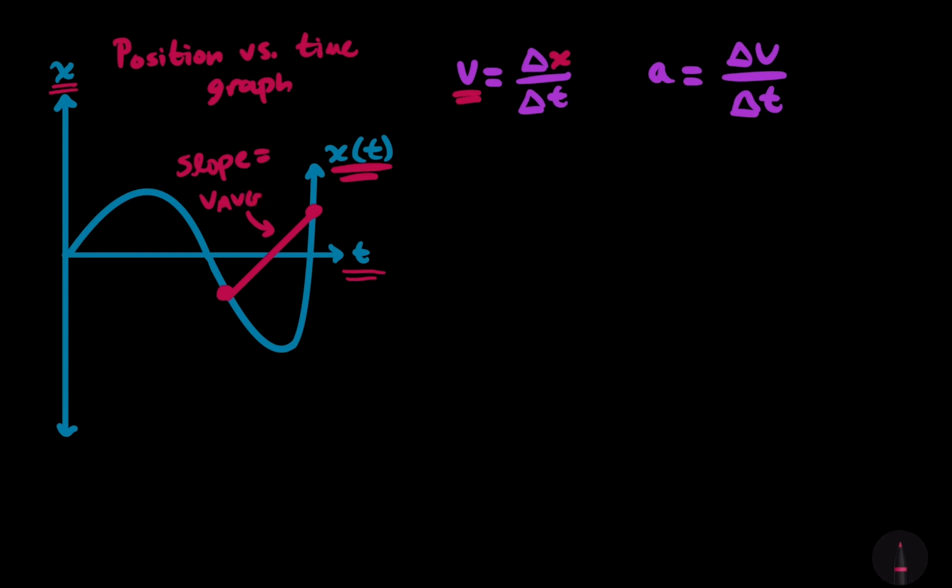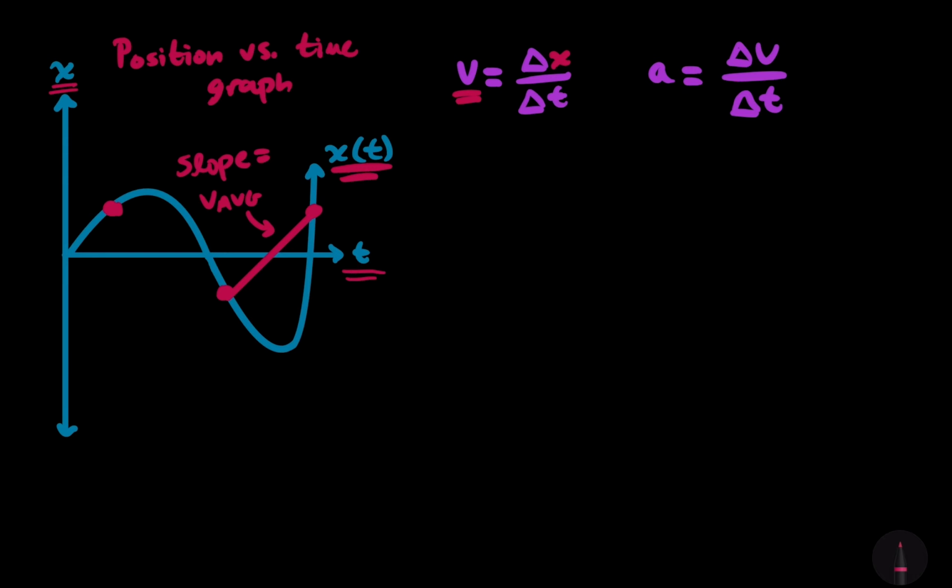Average velocity. But then what happens if we want to figure out the instantaneous velocity, right? So let's say we want to figure out the instantaneous velocity at this point. So at this instant in time, what velocity are we traveling at that moment? So not our average velocity over an interval, but the instantaneous velocity at a particular moment in time.